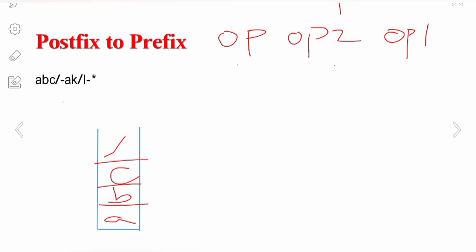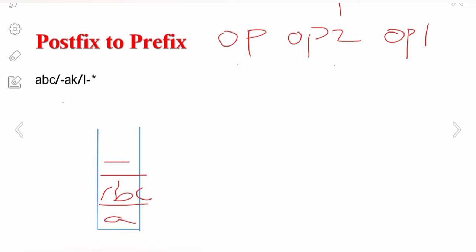Since the operator is available, we are going to pop the first two elements, that is division and BC. This is the expression popped out of the stack, and then again push it to the stack. So now we will insert division BC. Next, minus is pushed into the stack.